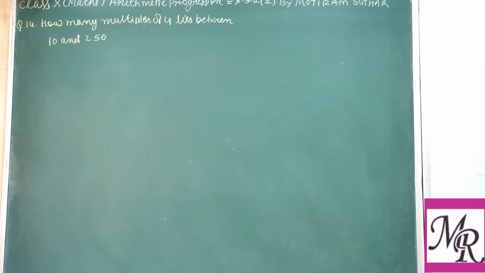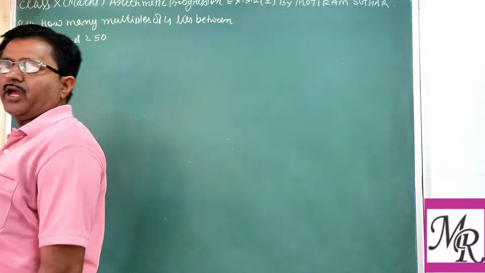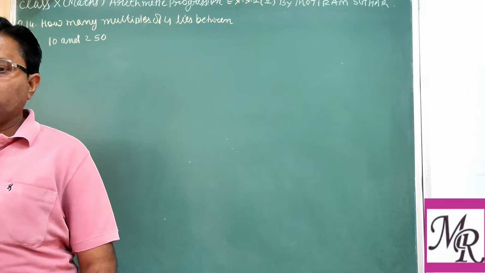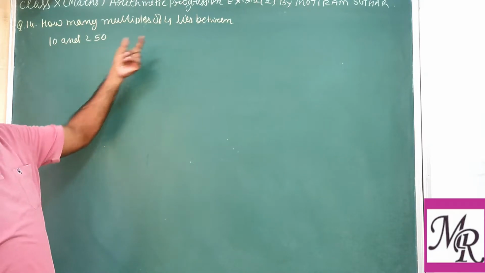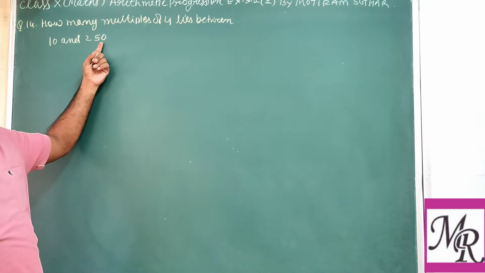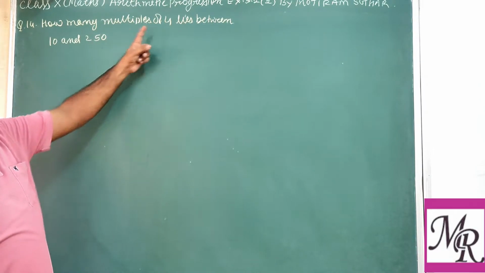Next problem says, how many multiples of 4 lie between 10 and 250? So here we have to consider between 10 and 250. Whenever it says between, it means 10 and 250 are not included. And multiple of 4 means divisible by 4.